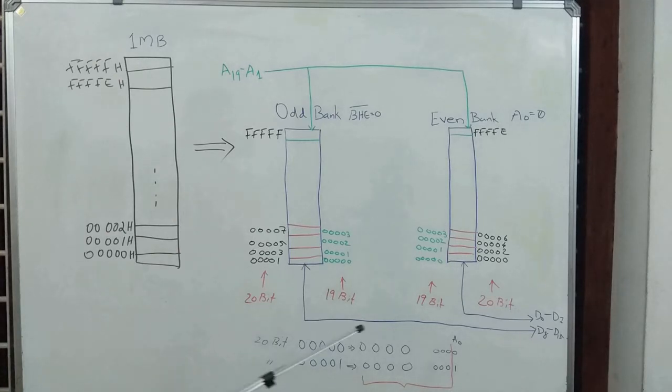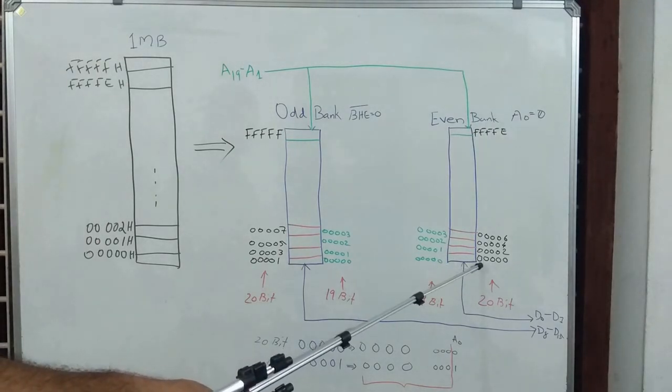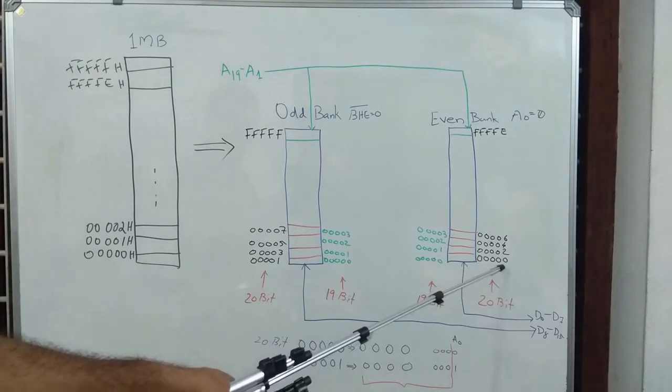Next, if the microprocessor wants to read a word, the word length is 2 bytes. Suppose the word starts with an even address, the 20-bit even address 00000.